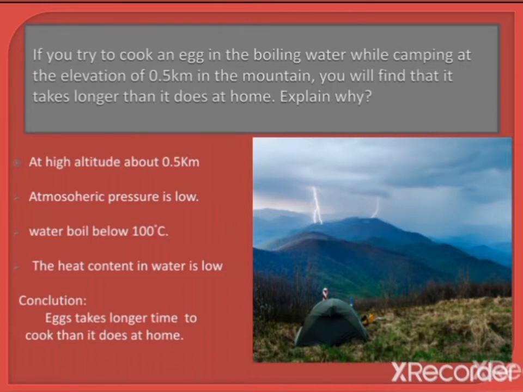Water boils below 100 degrees centigrade. At this temperature, since the heat content absorbed by the water is low, there will not be much heat for the eggs to cook properly. As a result, eggs take longer time to cook than it does at home.